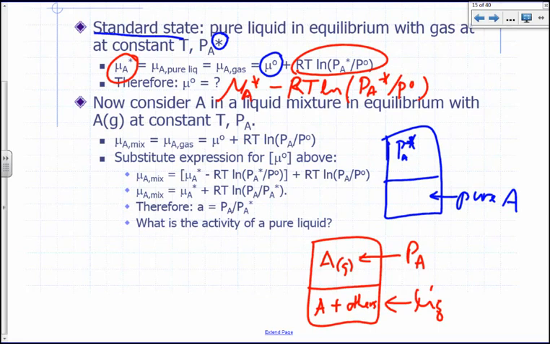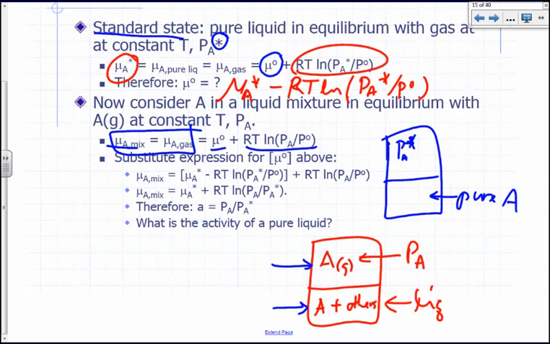We're just going to call it P sub A. Whatever it is, we can measure it. PA star we can also measure. So the chemical potential of A in the liquid mixture must be equal to its chemical potential in the gas at equilibrium. That's the condition for equilibrium between phases, right? But we know what mu A is for the gas. It's mu naught plus RT ln PA over P naught.